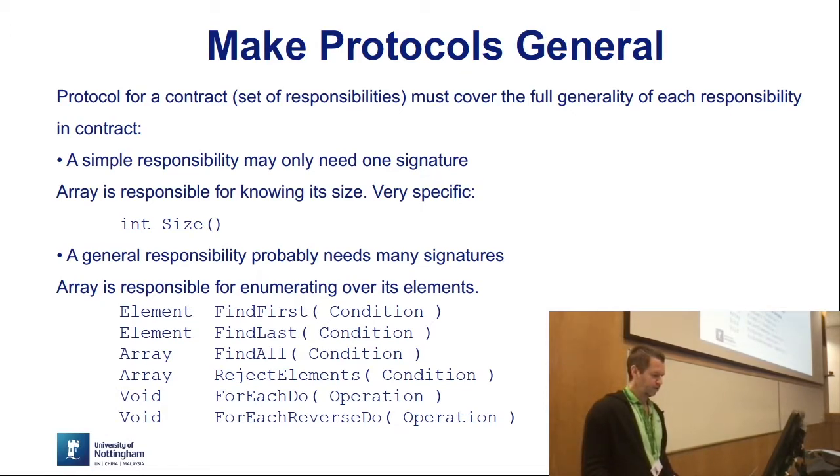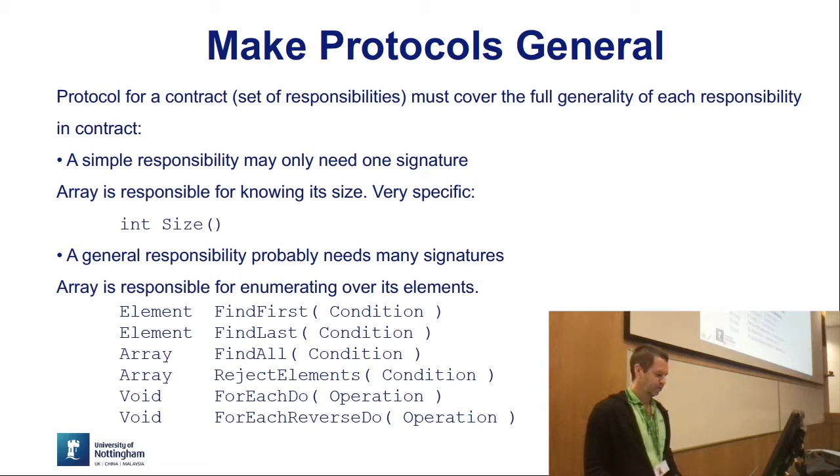A protocol for a contract or a set of responsibilities must cover the full generality of each responsibility in a contract. And you've seen this a lot in Java as well. Several versions of the same conceptual method. You see that a lot. But maybe they take different input parameters, or maybe they have different return parameters, depending on the variety that you're interested in.